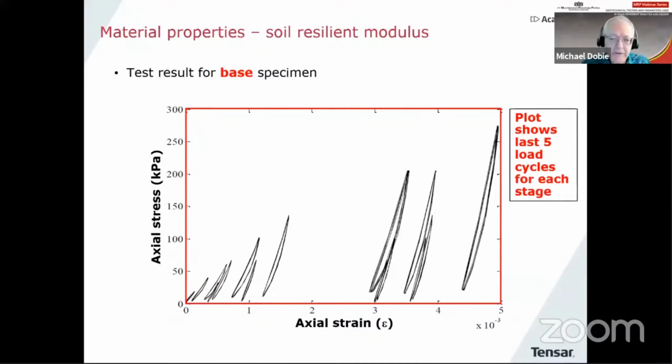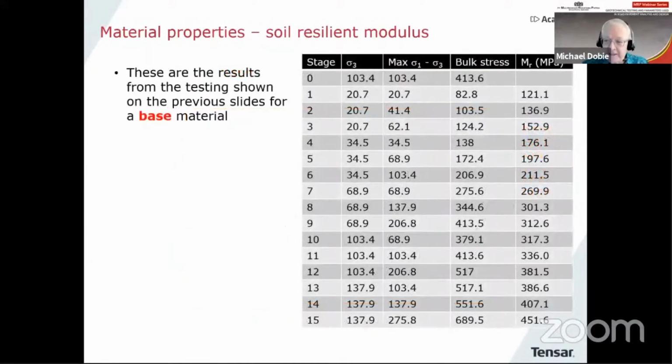Now there are some numbers. You can see if you look at that sequence of numbers, MR in the right-hand column in megapascals, 121.1 for the first stage, and then going all the way down to 451.6 for the last stage.